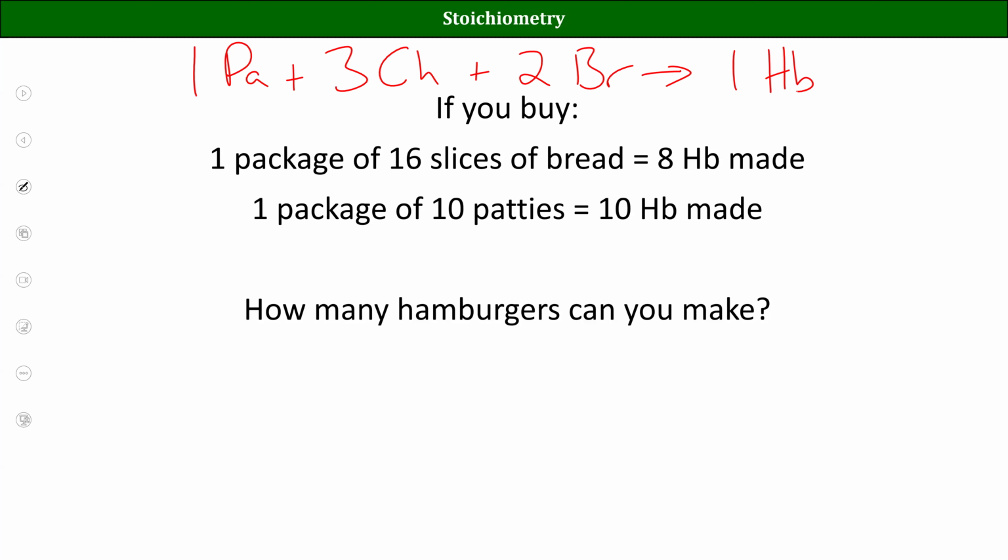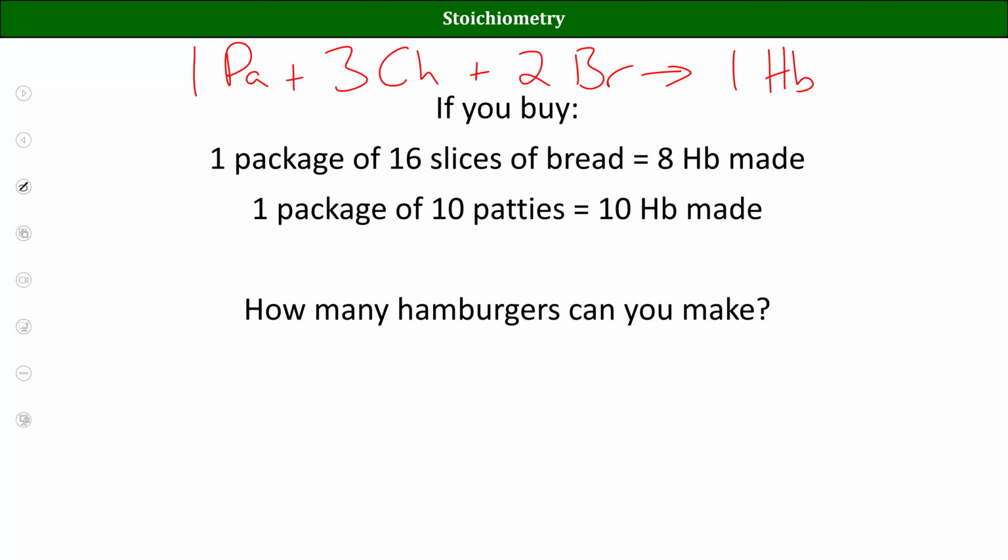Let's say I go to the store and I buy a loaf of bread that comes in 16 pieces of bread. And I buy a pack of pre-frozen patties, 10 patties. How many hamburgers can I make out of 16 pieces of bread and 10 patties?